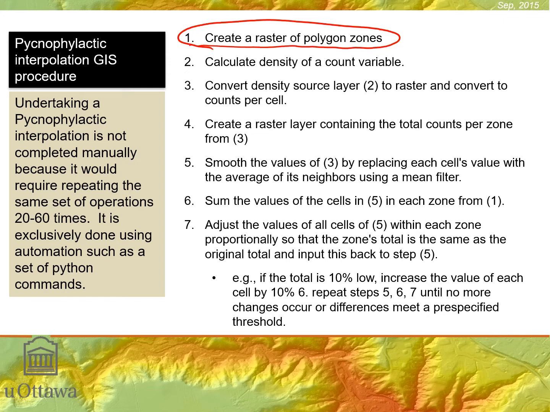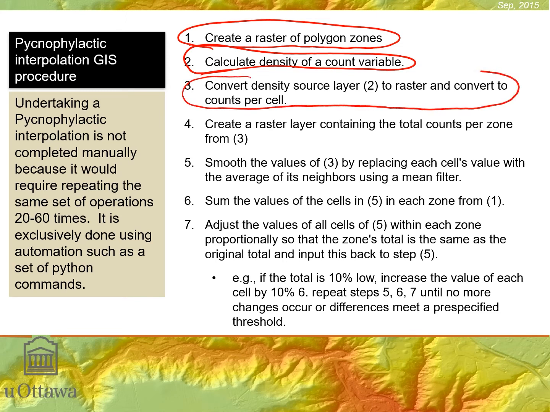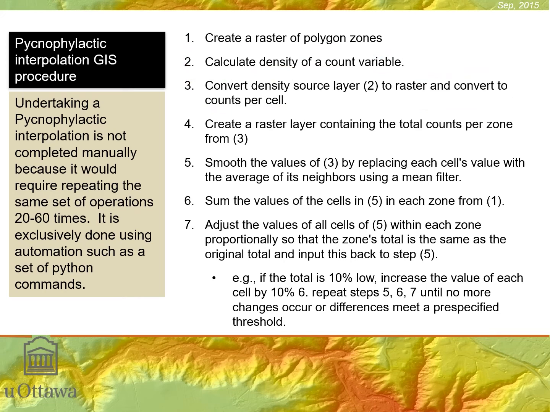And then you calculate the density of a count variable, whatever one you want. You convert that density to raster and to counts per cell, so that every cell gets an actual count amount rather than just a density amount. So if you summed up every cell in the layer, it would be equal to the original count of the sources.